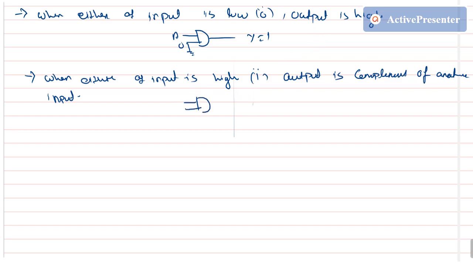So this also can be verified from the given truth table. Y equals A bar here.